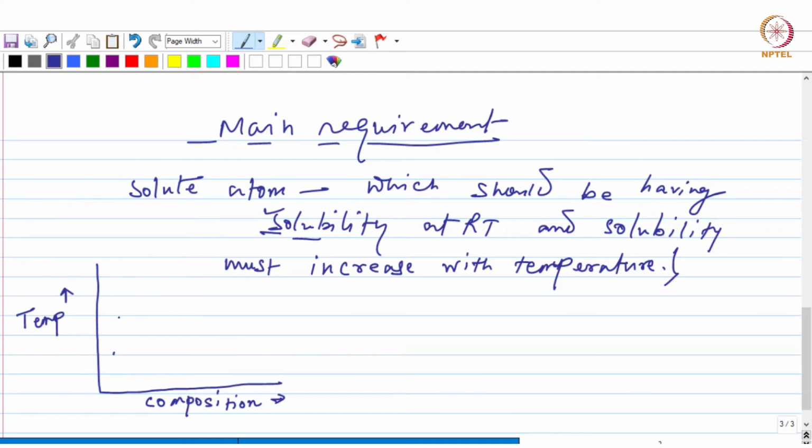So as I said, the solubility should increase with the temperature, and therefore the line which represents the solubility should have a positive slope like this.